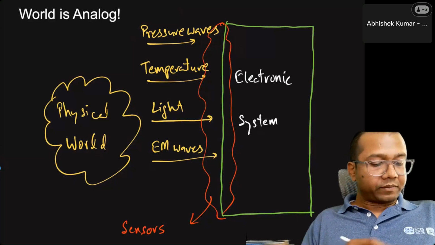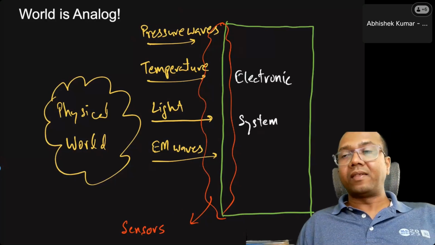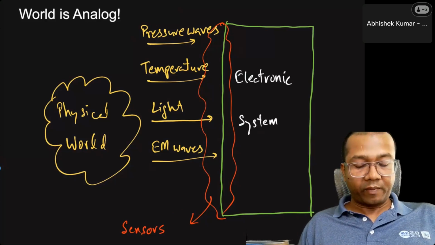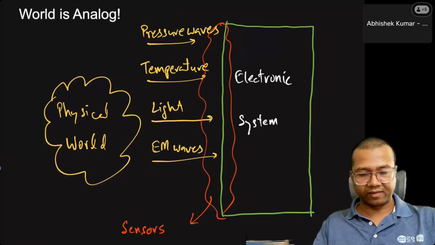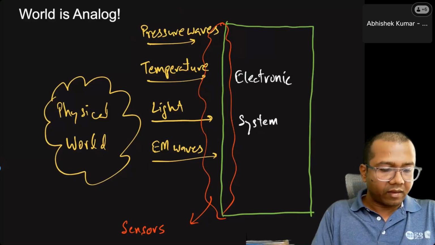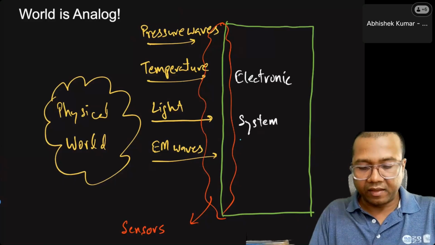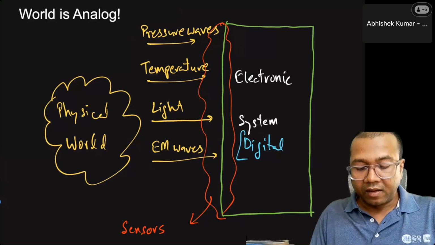Okay, now this is fine. So what do we do once the signal is already present in the electrical domain or converted into the electrical domain? We need to do some kind of conditioning or some kind of processing. Okay, so this conditioning or processing, you will find that is predominantly digital in nature.